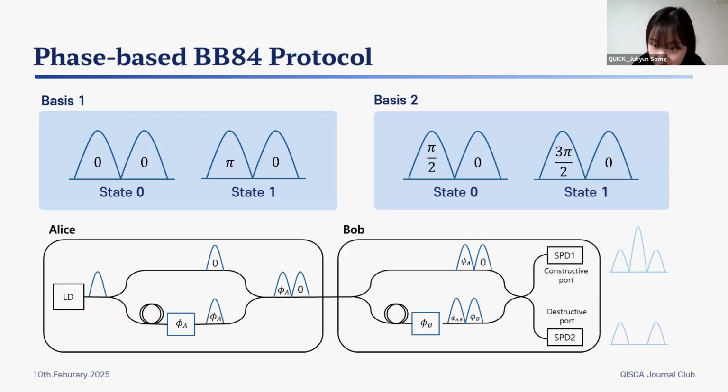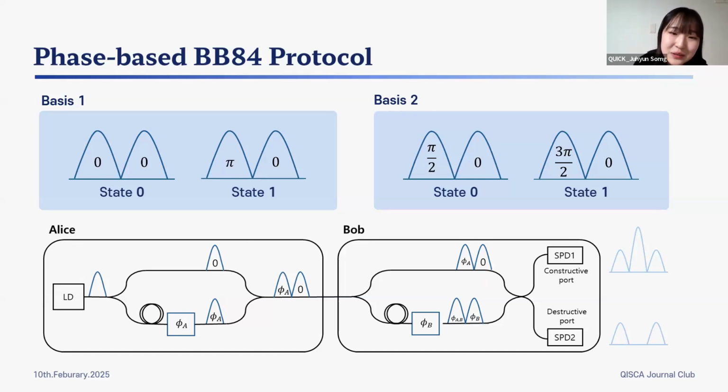This means that even though the absolute phase fluctuates as light propagates through the fiber, the relative phase difference remains unchanged. So to create state 1, we apply a voltage of V pi to the phase modulator, which induces a pi phase shift. Essentially, in this protocol, phase modulation itself determines the basis selection.